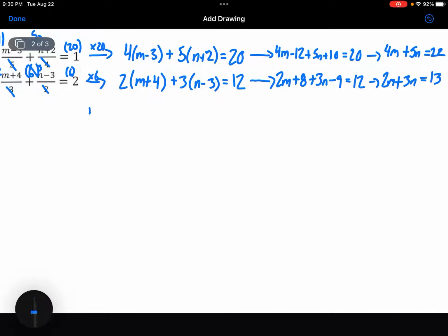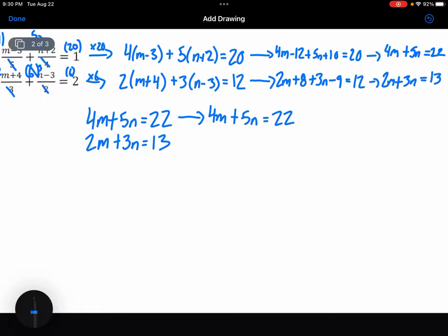So now I'm going to write those a little bigger here. 4m plus 5n equals 22. 2m plus 3n equals 13. All I'm going to do is multiply the second equation by 2 to get rid of my m's. So this one's just going to stay the same. I'm just going to rewrite it so they're lined up nice and you can see exactly what I'm doing.